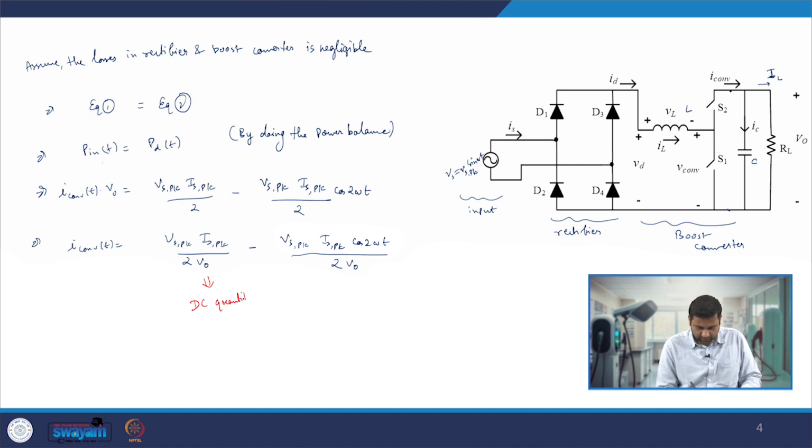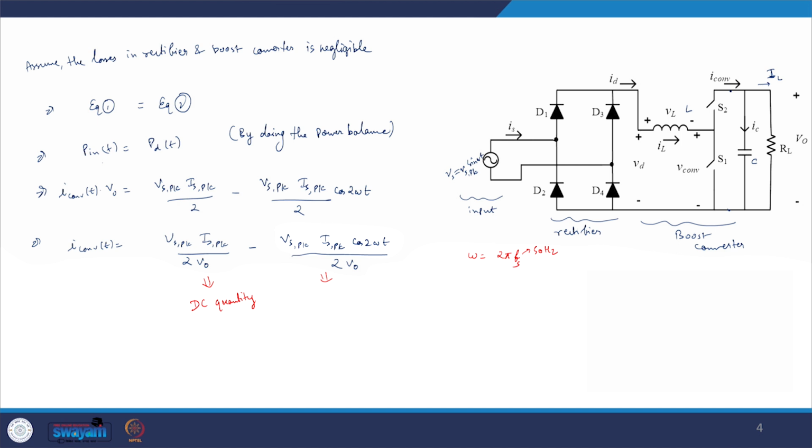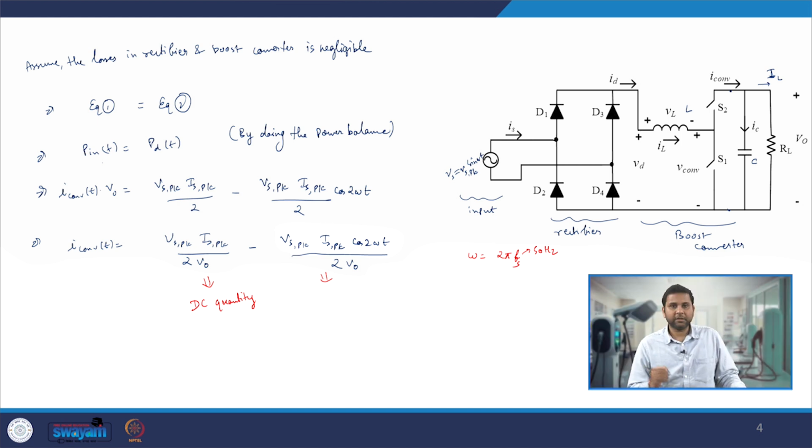If you look very carefully, this I converter comprises of this DC quantity and the quantity which is varying at the second harmonic of the line frequency, because we have written omega. We know omega is nothing but 2 pi fs, where fs is our 50 hertz if we are operating in India, and if it is in US it is 60 hertz.